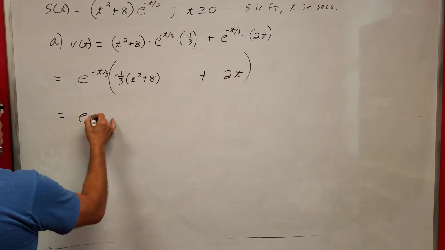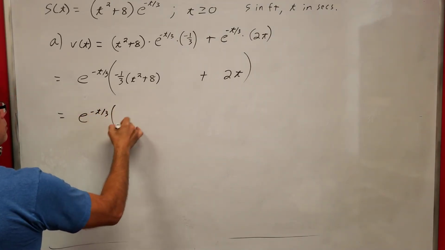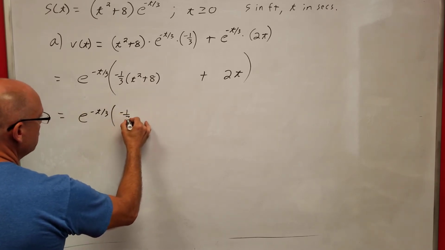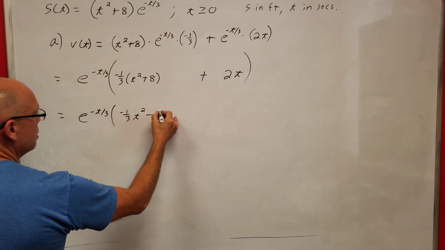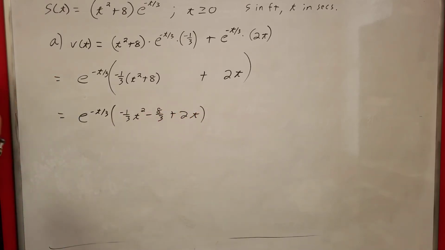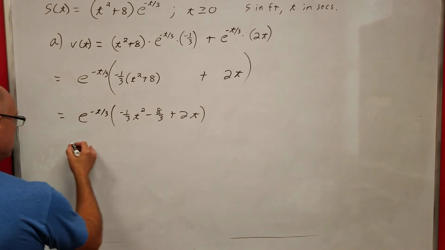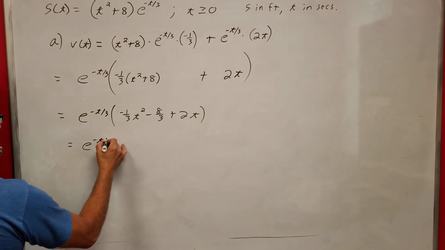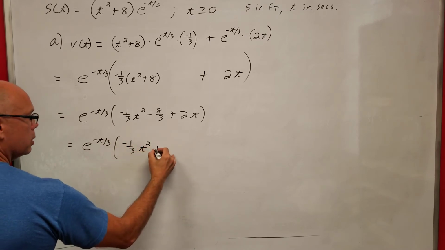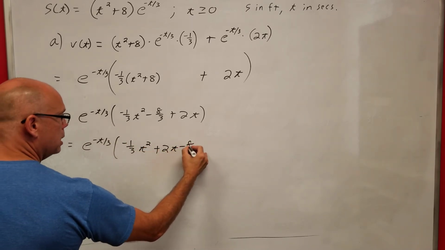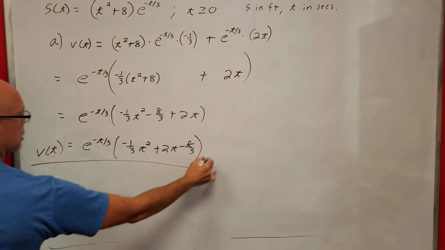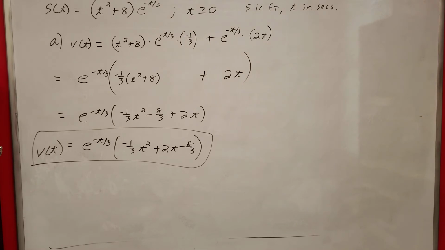All right, so that gives me e to the negative t over 3. Now let's distribute this negative 1/3. So we get negative 1/3 t squared minus 8/3 plus 2t. Or I could rearrange these and say this is e to the negative t over 3 times negative 1/3 t squared plus 2t minus 8/3, and that is my velocity function, v of t.